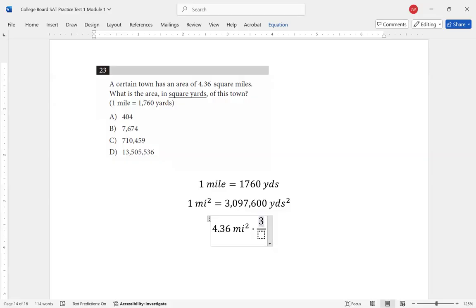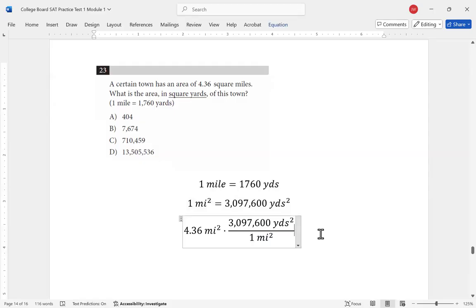So multiply that by 3,097,600 square yards per 1 square mile. By the way, when I squared this, 1 squared is 1, so that's why I kept the 1. 1,760 squared is this 3 million number, and so that's where I got that from.